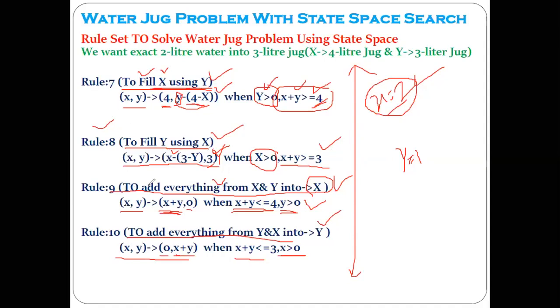Now what problem do we have to solve currently? You have to fill the 3 liter jug with exactly 2 liters of water. That is our current problem. But do we need all of these rules? No. I have told you all the general rules which you can utilize to solve any kind of water jug problem.